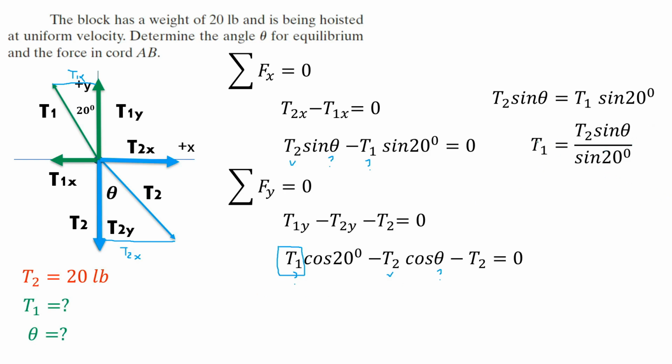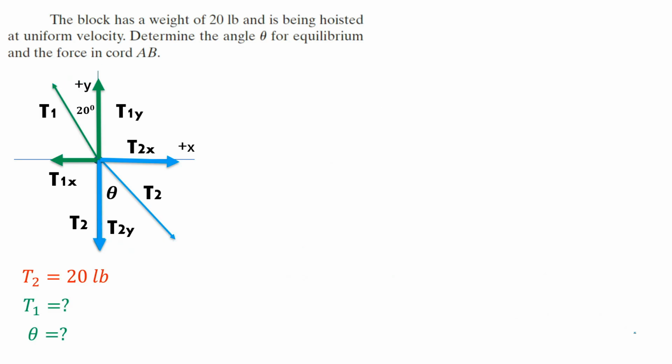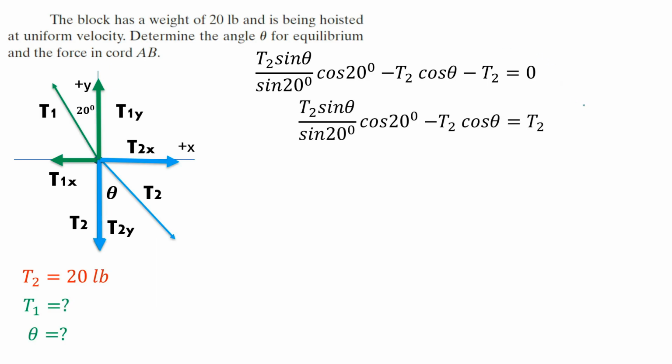Now, let's substitute the value of T1 here. It will be T2 sine theta over sine 20 degrees times cos 20, minus T2 cos theta, minus T2 is equal to 0. Let's simplify. I transpose T2 to the other side, so that one side has the variables with an angle and the other side has none.